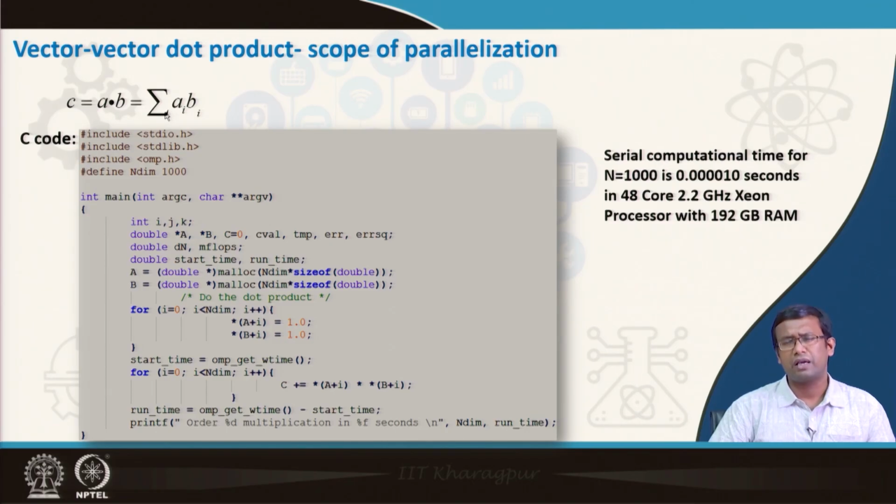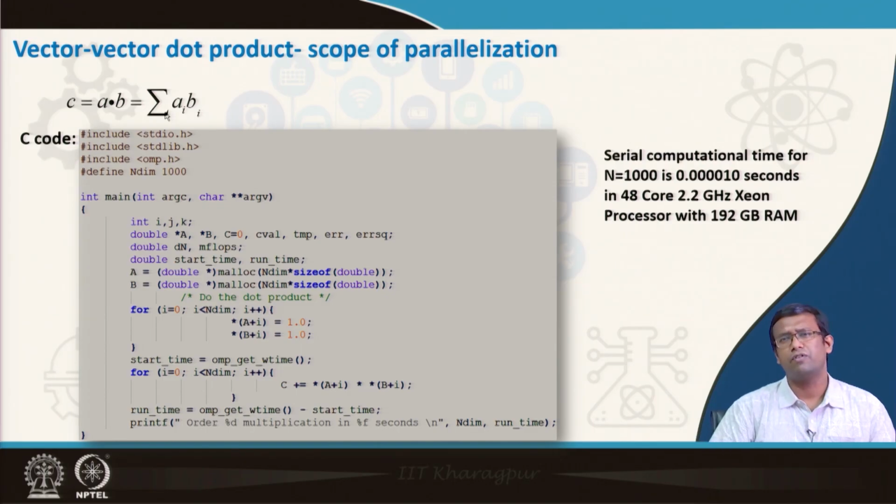Therefore, apart from cases where you are dealing with vectors of the order of millions, hundreds of millions or billions, you really do not want to parallelize the vector dot product program, simply because it is not computationally very complex. Sequentially it can be handled quite well, and we will see some examples.